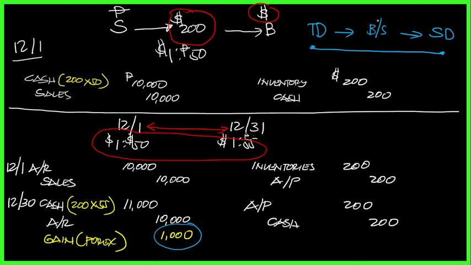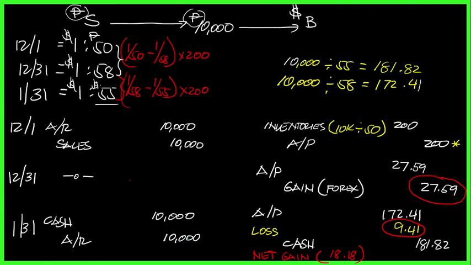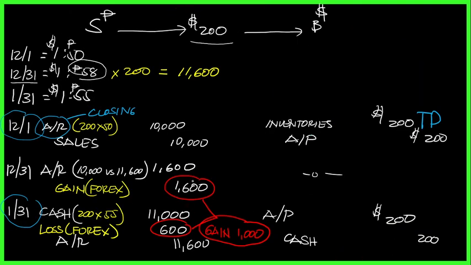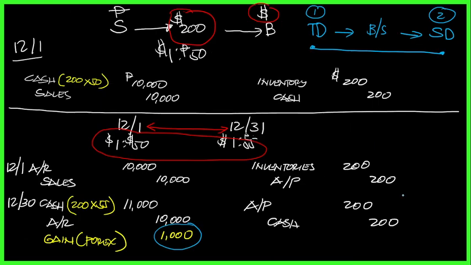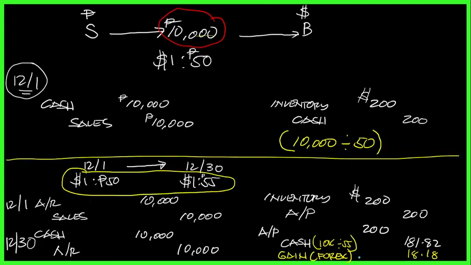But when there is a balance sheet date in between the two, meaning the transaction date is found in year 1 and the settlement date is found in year 2, this 1,000 will be divided into two. Some of that will be reported in year 1 and some in year 2. Same with this example. If the transaction date and the settlement date are in the same year, there is just one-time reporting of forex gain or loss.